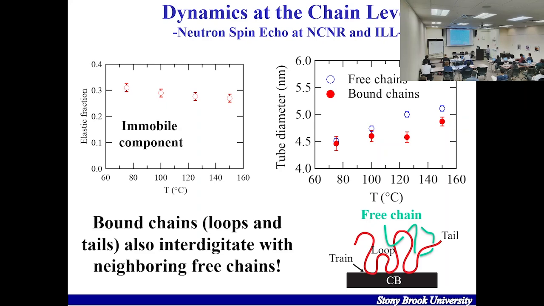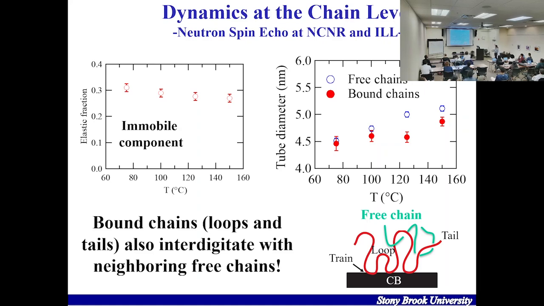Most likely this is the train component, which is attached to the carbon black system. This is an immobile component, they cannot move. But the outside region is more like a loop until they move, and then they behave like free polymer chain.